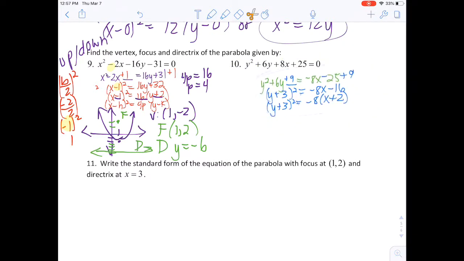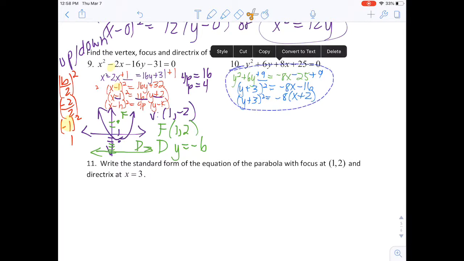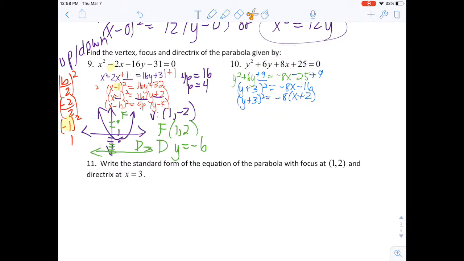Okay, so definitely a sideways parabola since the y is squared. It's going to be facing to the left since I see that negative in the 4p spot. So here's a sketch. Vertex is going to be negative 2, negative 3. There's your h, there's your k.